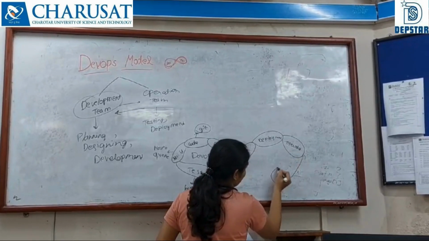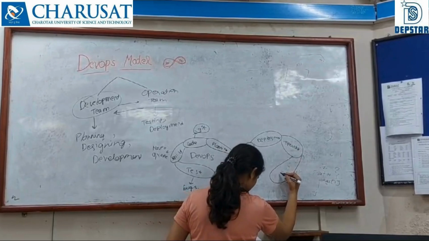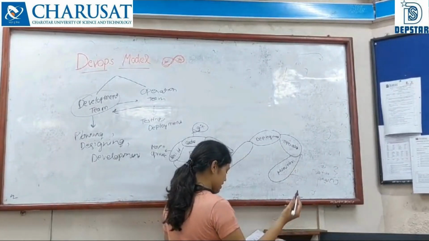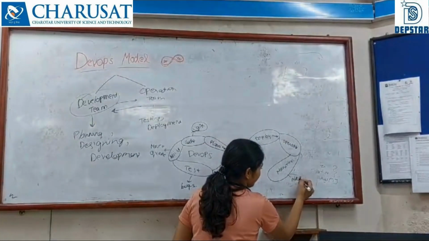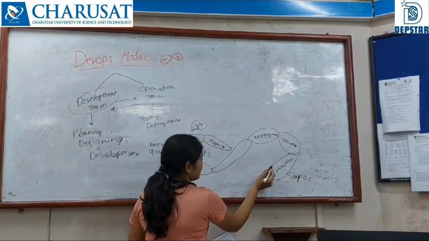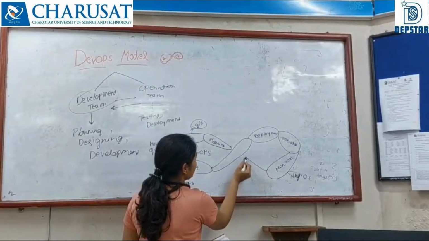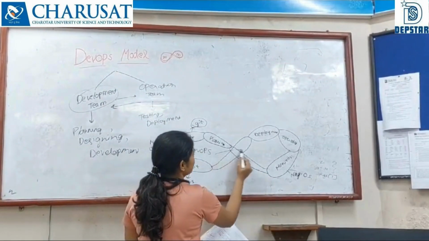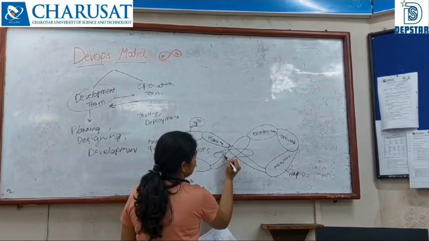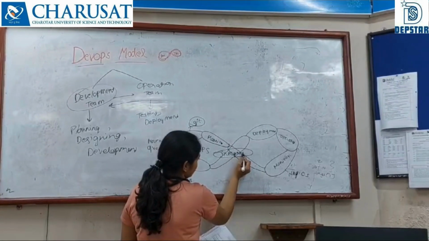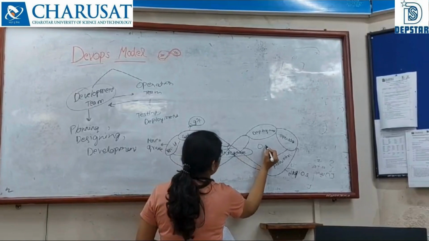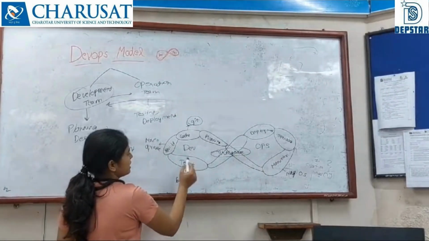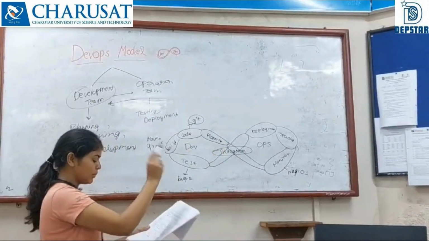Then the application is monitored, and the basic tool which is used is Nagios. And after monitoring, it is again given to the development team for further planning. So these two teams are integrated in the DevOps model. This is how it works.